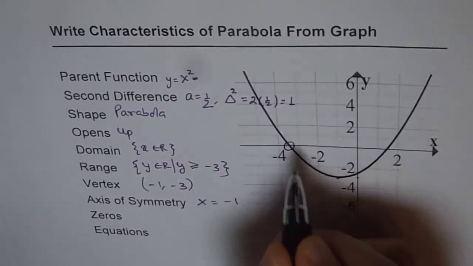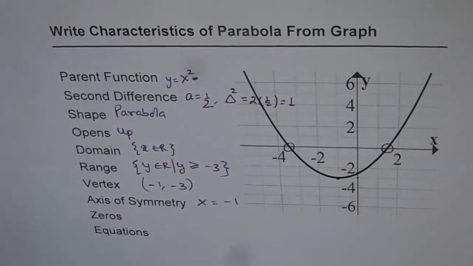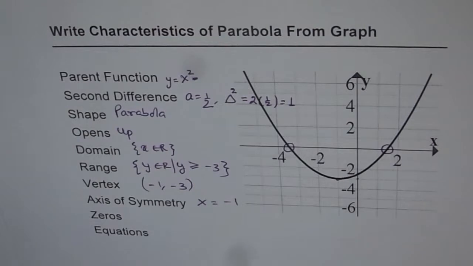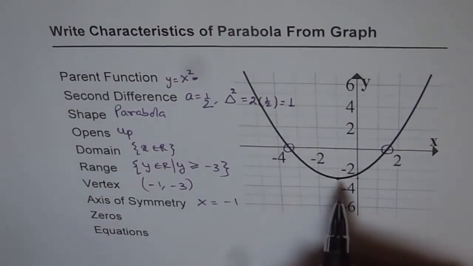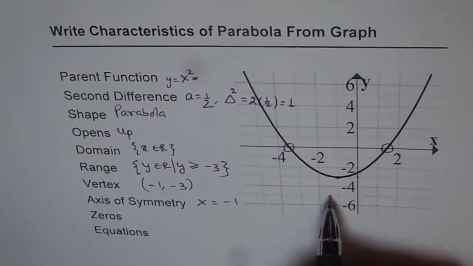So what we are going to do is first write down the equation of the parabola and then calculate the zeros to get the exact values. Otherwise, it is going to be a very rough estimate. For the equation, we can use vertex form, since the vertex is very clear to us, and then we'll select some other point to get the value of a.